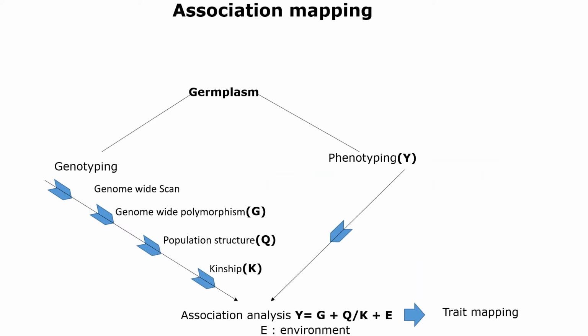So in association mapping, we need germplasm, a genotyping platform and a phenotyping platform. And the model we follow for trait identification: for the germplasm, we have the genotype, a genome-wide scan, including candidate genes, intergenic regions throughout the genome, and polymorphic markers. Then we look at the population structure, if there are subpopulations or different members in the population, and if there is kinship or relatedness in the population.